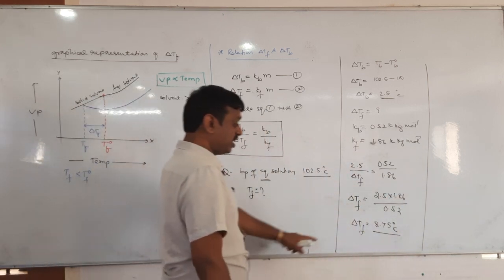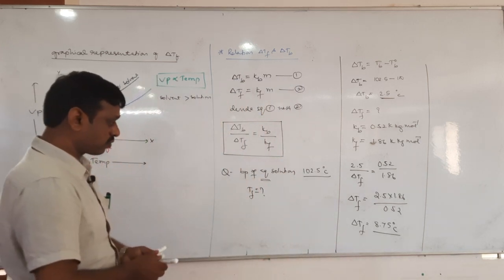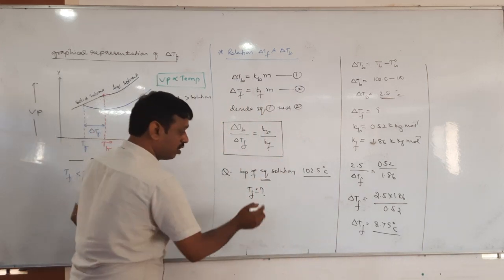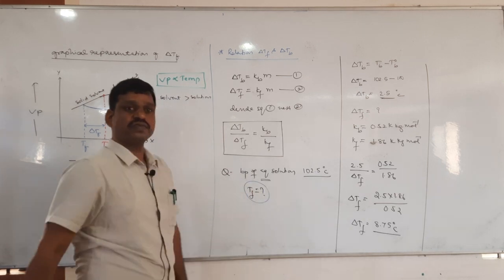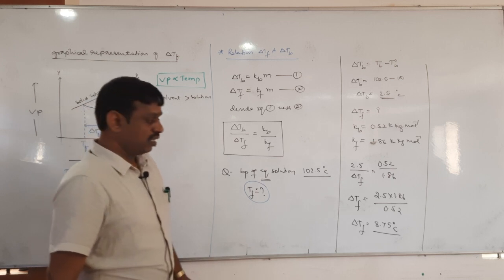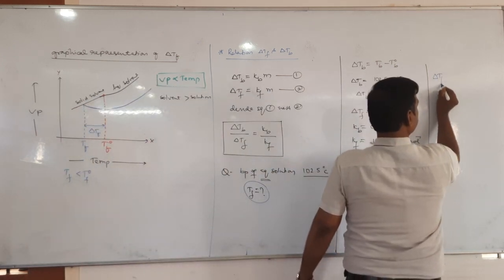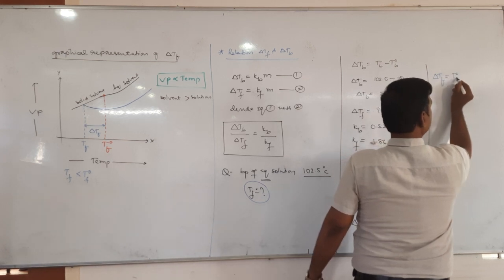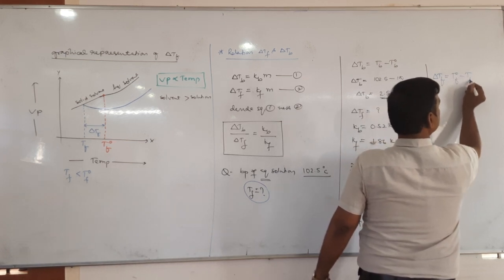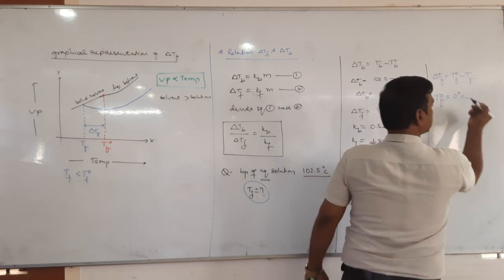So this is delta TF, but the question is not delta TF. What is the question? Calculate the freezing point of the solution. How do you calculate it? Delta TF equals T naught F, which we know, minus TF. What is the T naught F of water? 0 degrees Celsius.